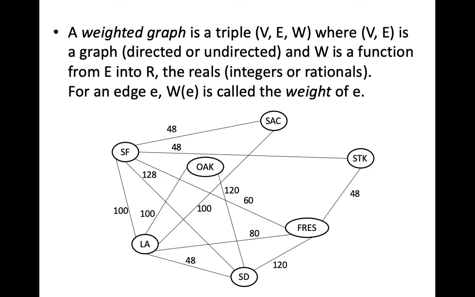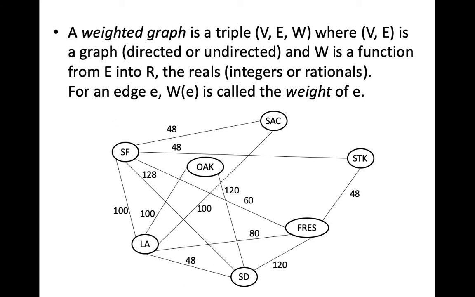For an edge E, W of E is called the weight of E. So, for the graph given as an example below, the weight of an edge from SF to SAC is 48. Because the graph is undirected, the weight of the edge from SAC to SF is also 48.